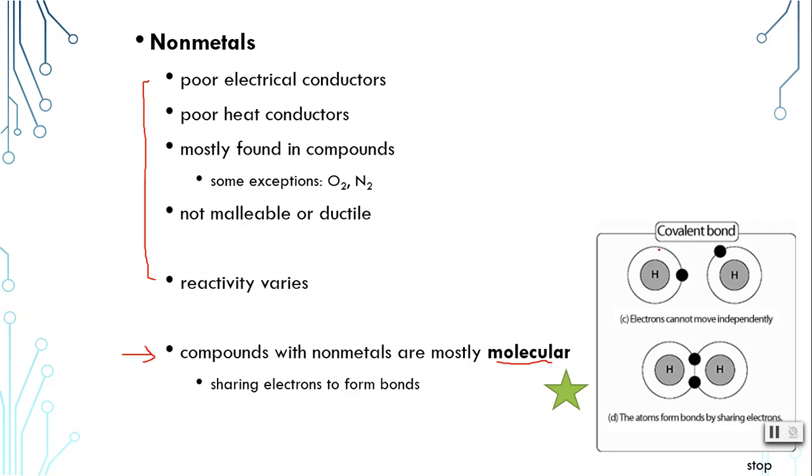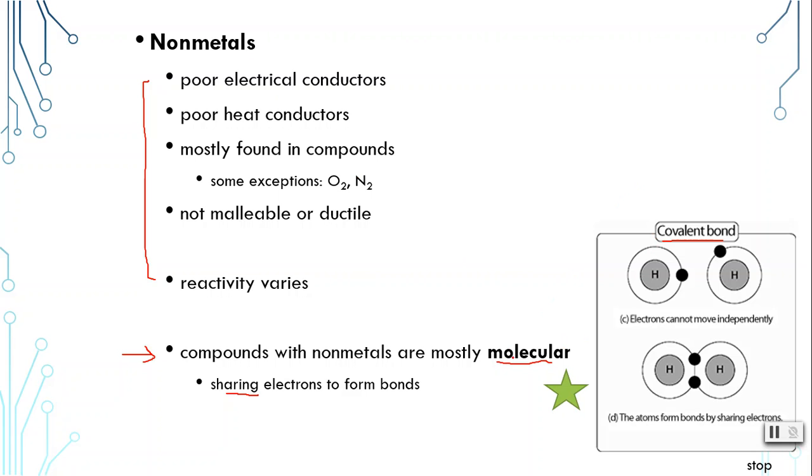And molecular compounds make use of a kind of bonding called covalent bonding. So in covalent bonds, electrons are not taken, they are shared. So electrons are shared between those nonmetals to form the molecule or to form the covalent bond. So nonmetals, covalent bond, shared electrons.